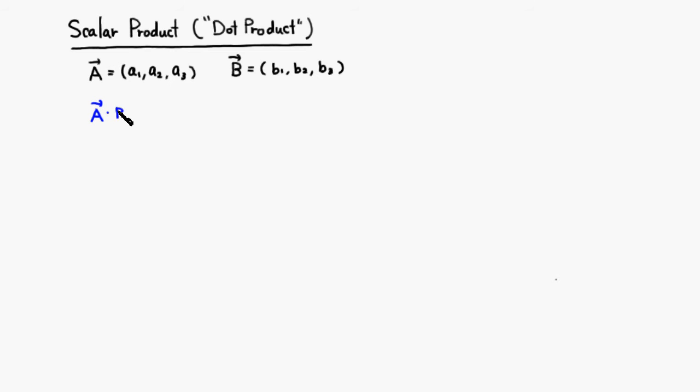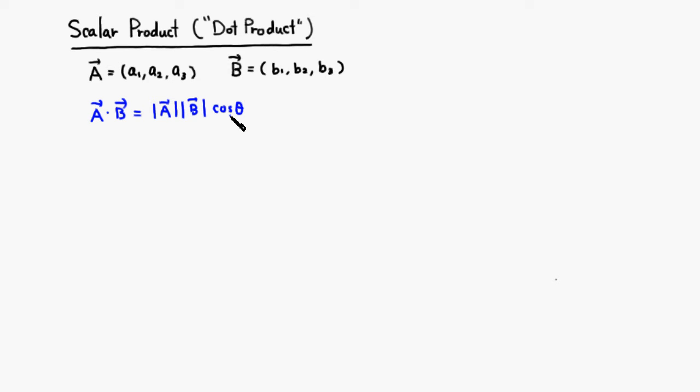So this is the dot product of two vectors, vector A and vector B. This is defined as the absolute value, or the magnitude or norm, of vector A, and then the magnitude of vector B, times cosine of theta.